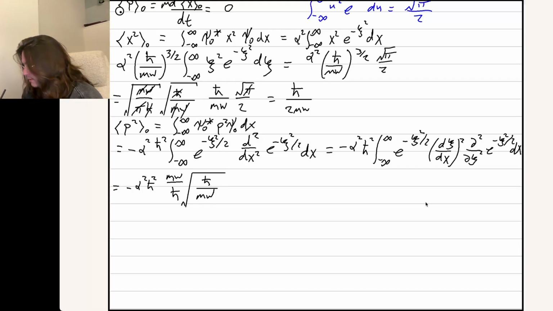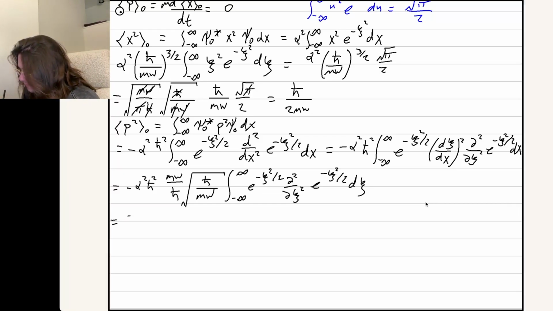And now we can start thinking about doing derivatives on this thing. Del squared del c squared of e to the minus c squared over 2 dc.